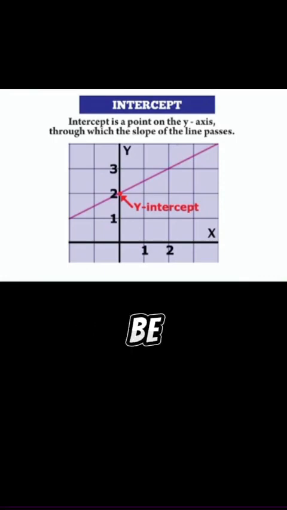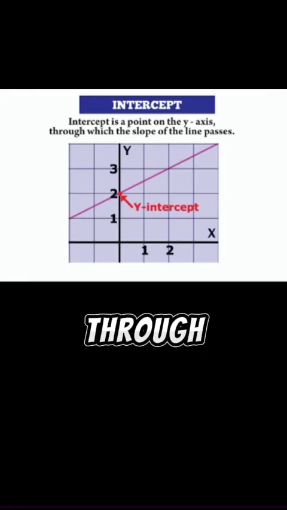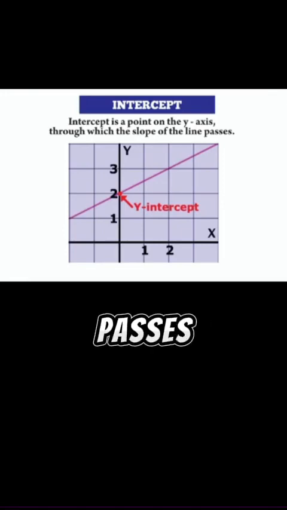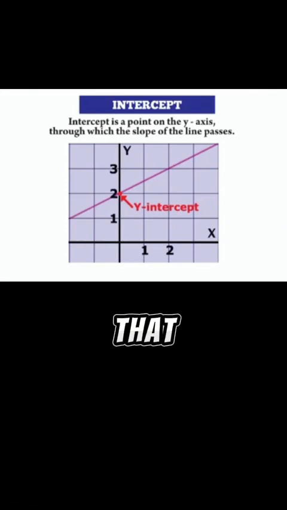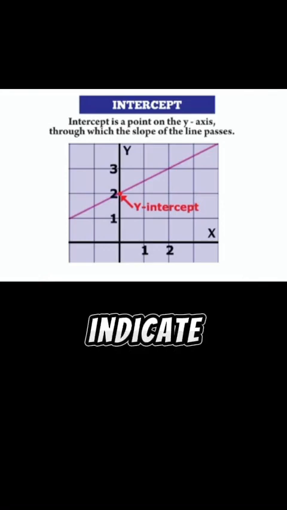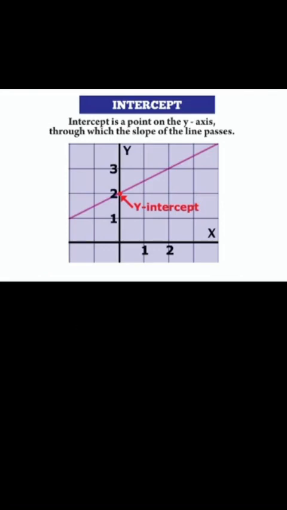Intercept is the next thing we'll be talking about, and this is the point on the y-axis through which the line passes. So intercept is located at the y-axis, which we call the vertical component. Any line that crosses the y-axis, the point where it meets the y-axis, is where you indicate your intercept.